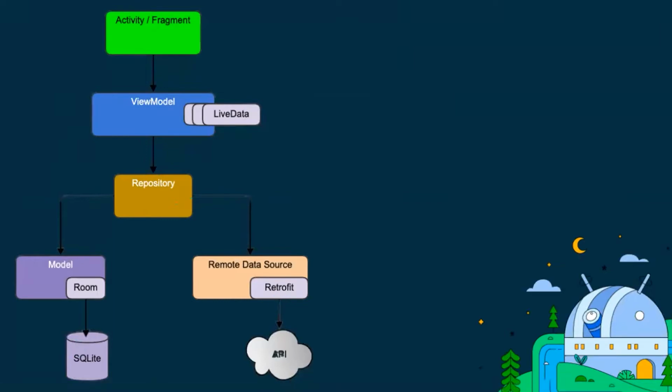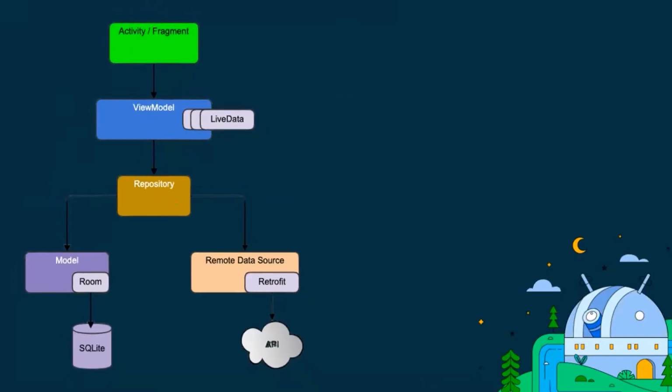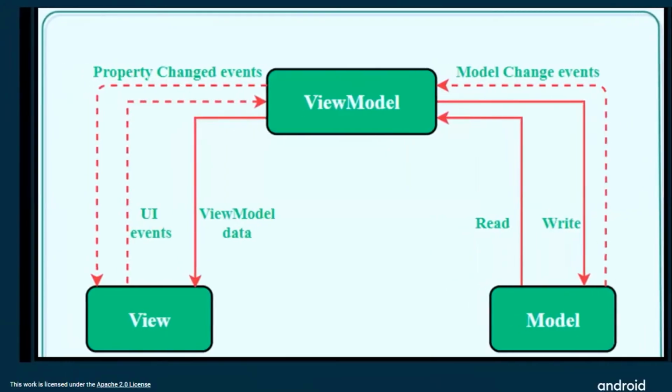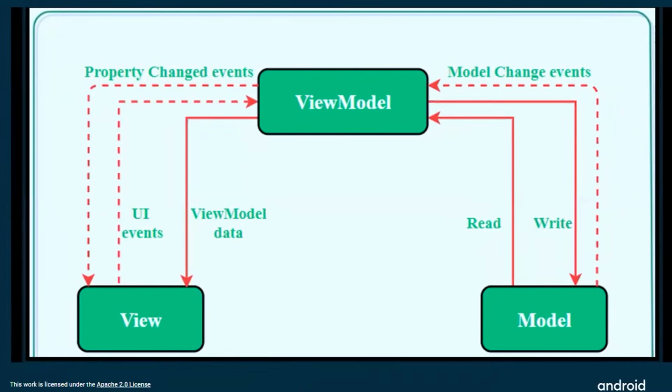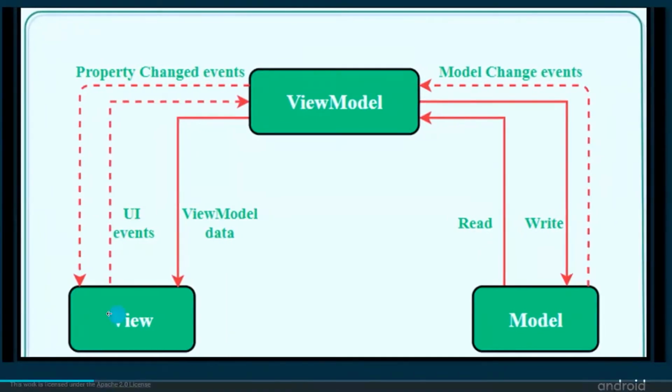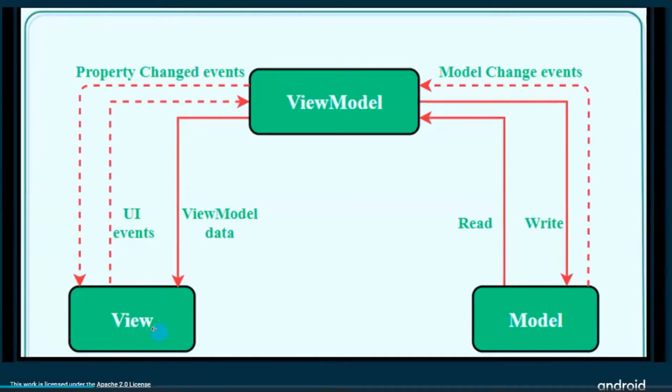Here you have a pathway from which you can easily understand that the view sends UI events to the view model, and the view model accesses the model and fetches the data from the model and passes it on to the view, and the view can easily access it.